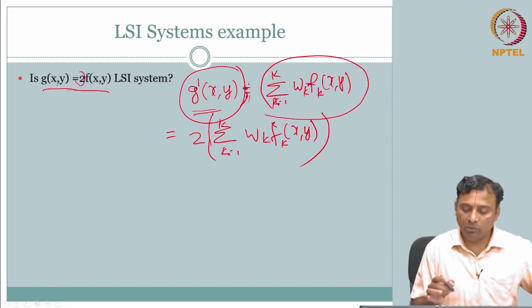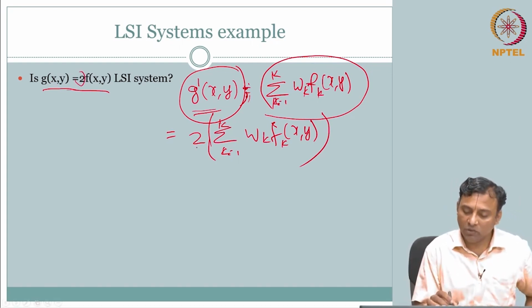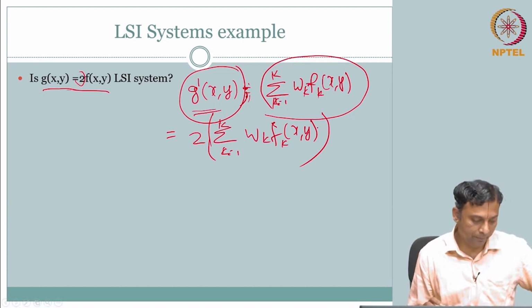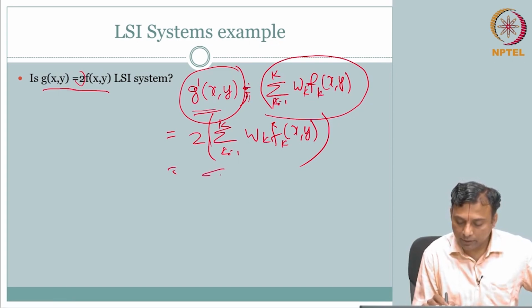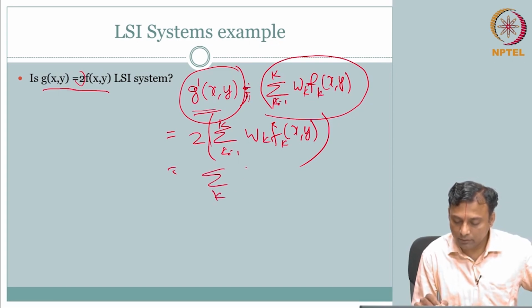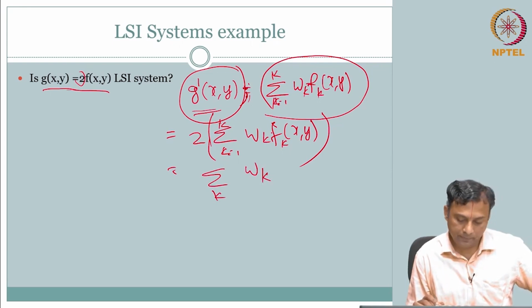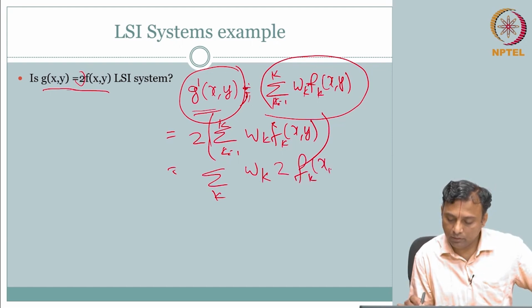The 2 is probably to do with the system. So let's just put a bracket, right? Immediately you can recognize, okay, I can get the 2 inside: 2 f_k of x comma y.